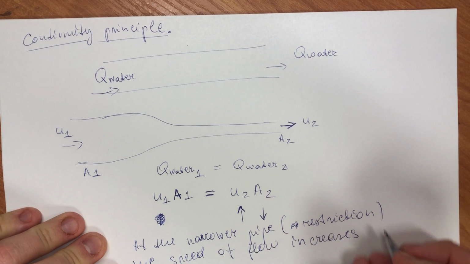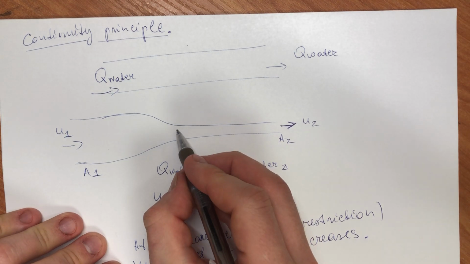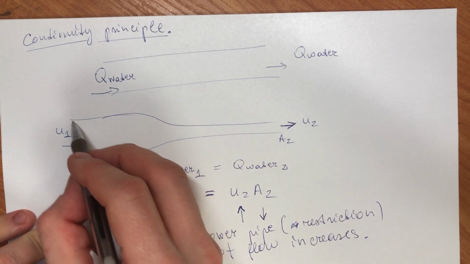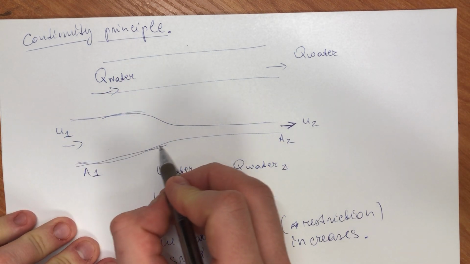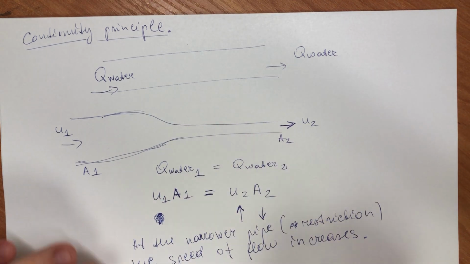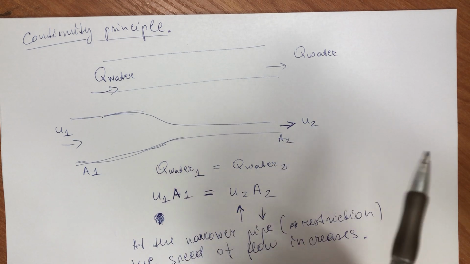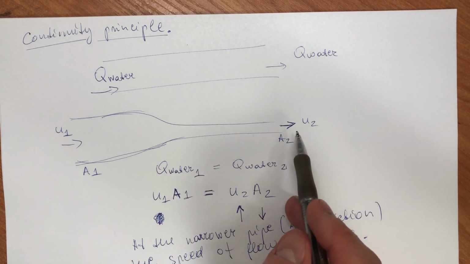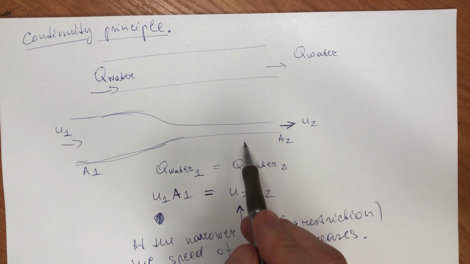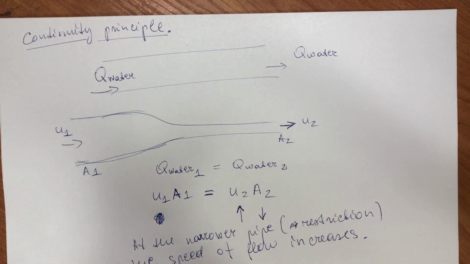If the pipe is wide and suddenly becomes narrower, it restricts the water's motion, and the speed has to increase in order for no accumulation to occur. So this is the continuity principle.